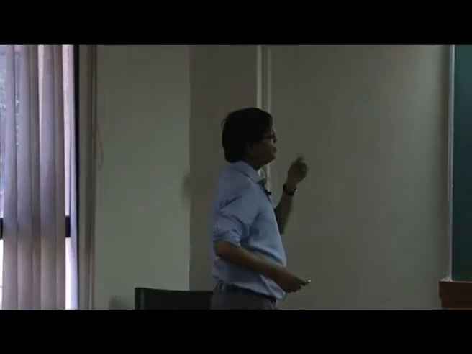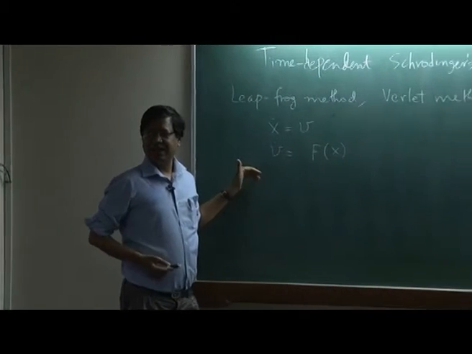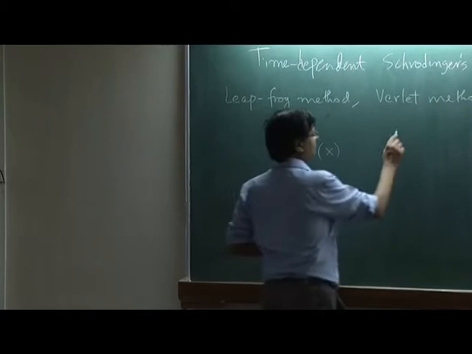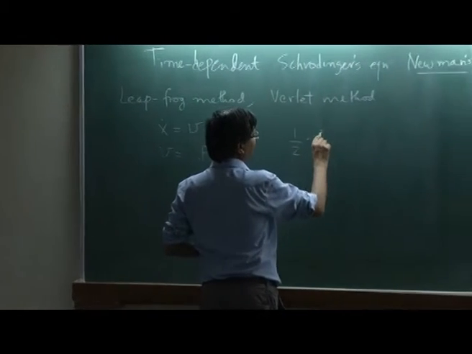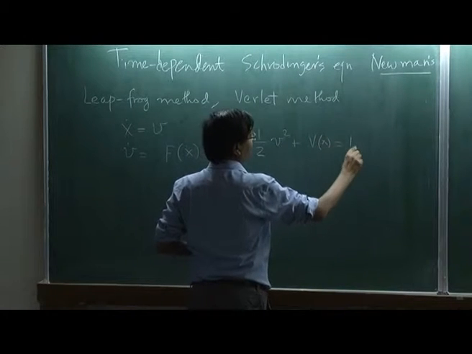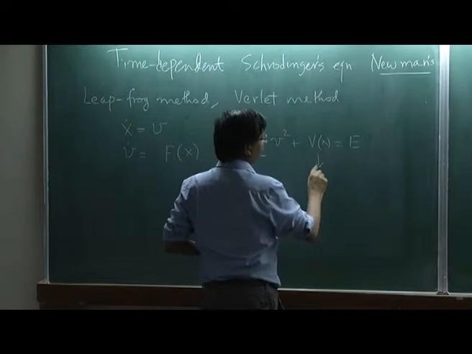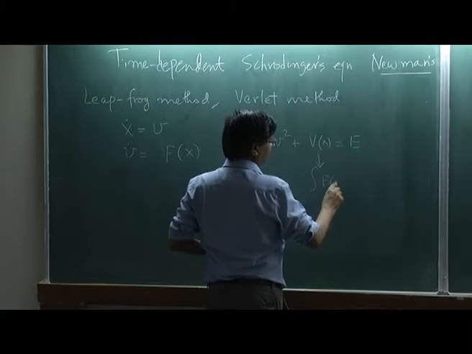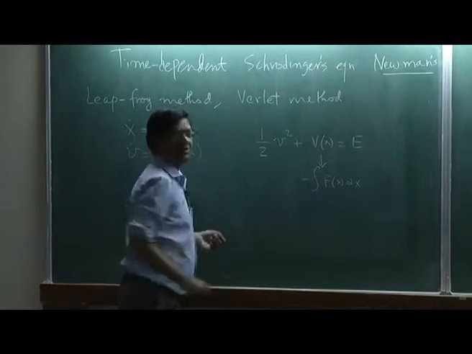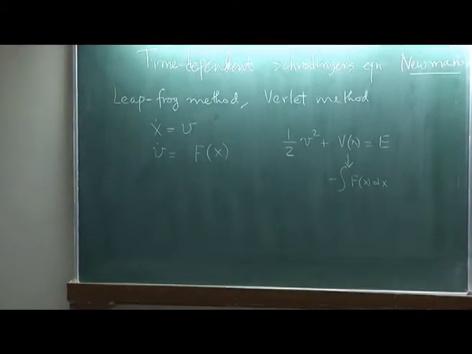Now these systems are Hamiltonian systems and they conserve total energy. So total energy is half v squared, because mass is 1, plus V of x, the potential, which is the integral of f(x) dx. Right. Now you also know that these are time reversal symmetric.